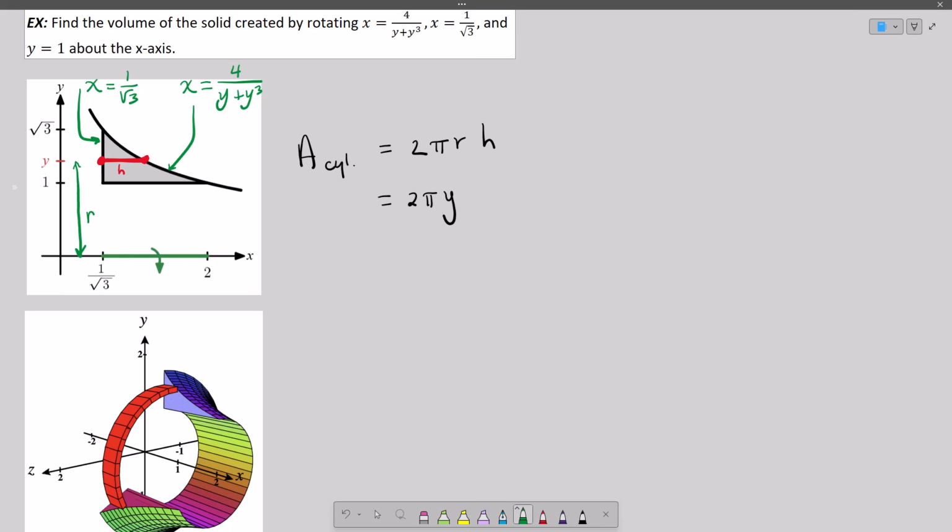When we say x equals 1 over root 3, the value of x is 1 over root 3. Over here, the value is variable. The value is 4 divided by y plus y cubed. So that'll be all plugged in here: the right x value minus the left x value. So that is our general area.